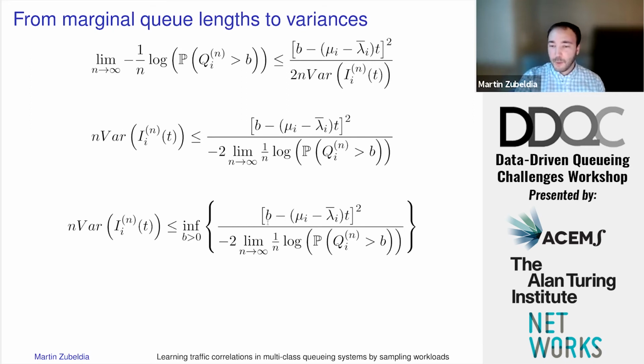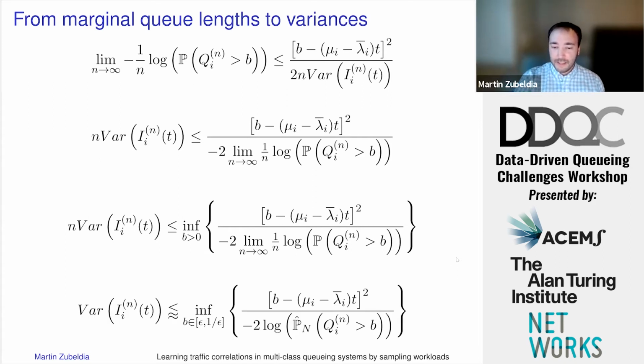Still, this poses an issue for us because you still have a limit on the right-hand side. This is not something that you have, right? This is the true steady state distribution that you don't know, and you have a limit here. So to get something realistic on the right-hand side, we will take out the limit and say, okay, n is large enough, so this should be approximately equal to whatever we get without the limit. And instead of the true steady state distribution and the true probability of being above this threshold, we put some empirical one.